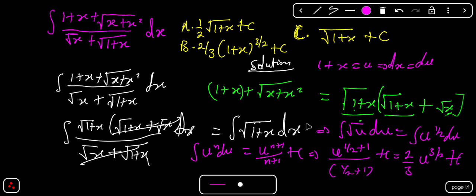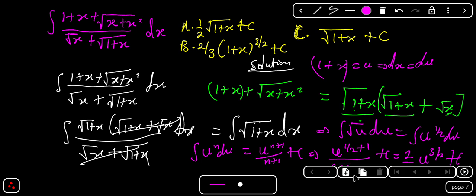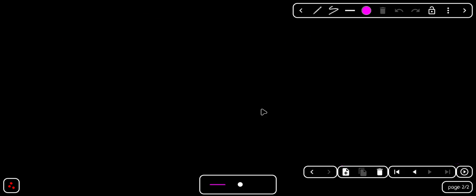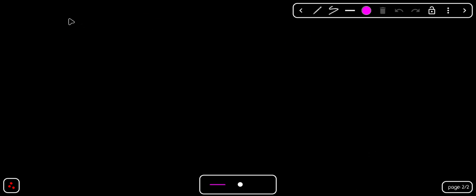And then remember that u is 1 plus x. So since u is 1 plus x, we are going to return back to the original variable. That is, we are going to have 2 over 3, then multiplied by 1 plus x, then raised to the power of 3 over 2 plus c.